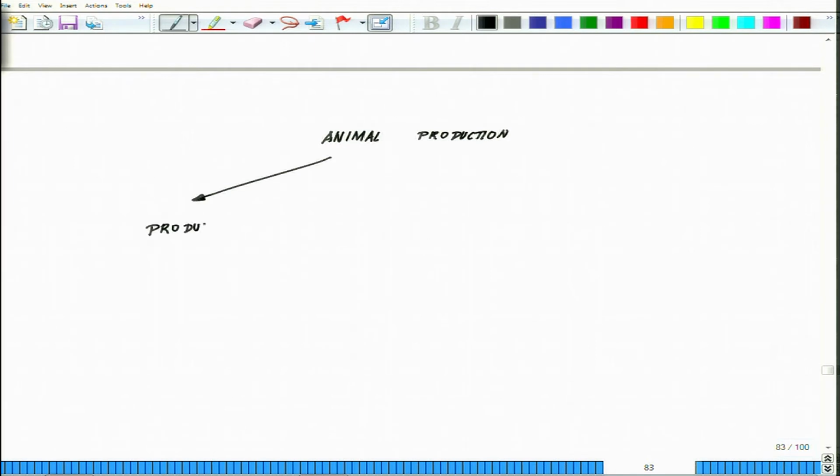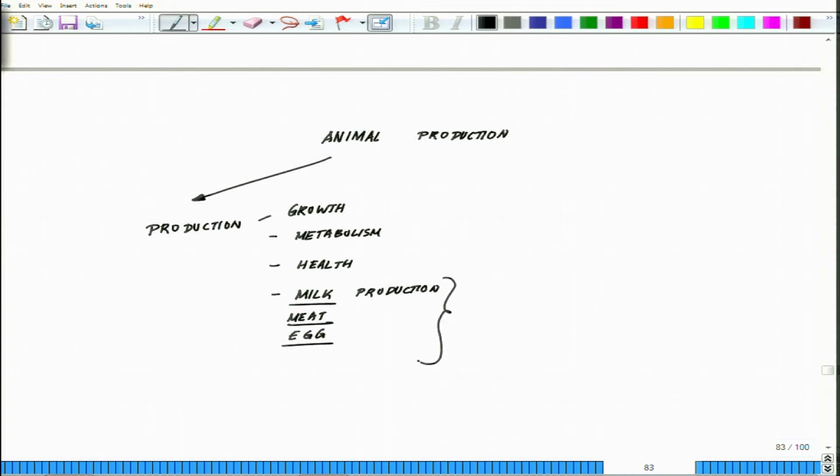In terms of production, we talk about growth, metabolism, animal health, milk production, milk, meat, egg. Okay. This is one aspect.